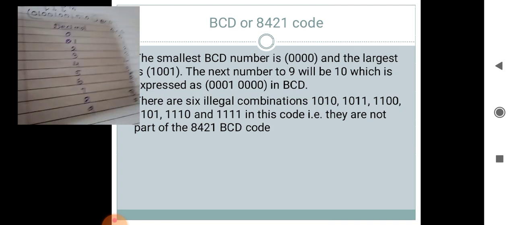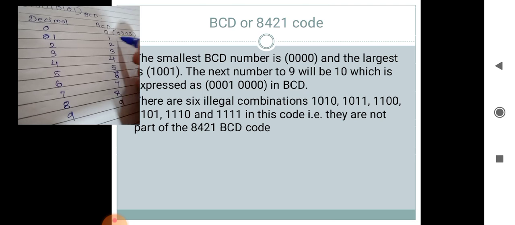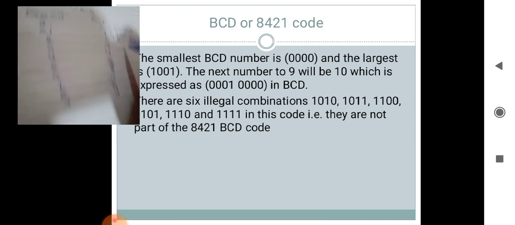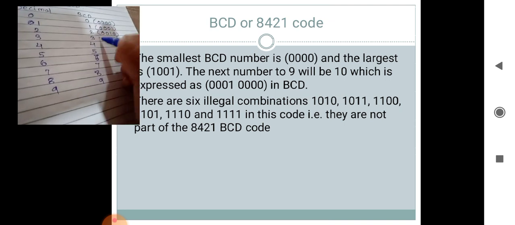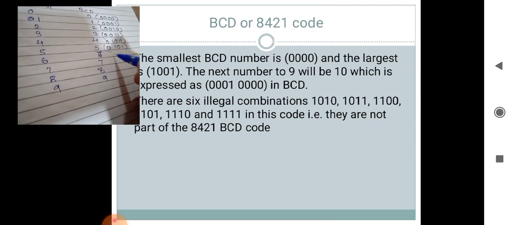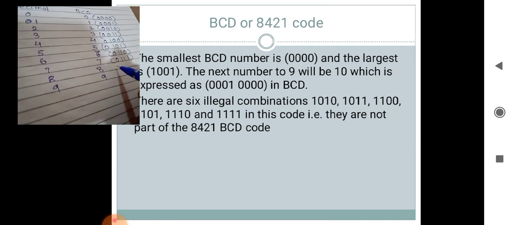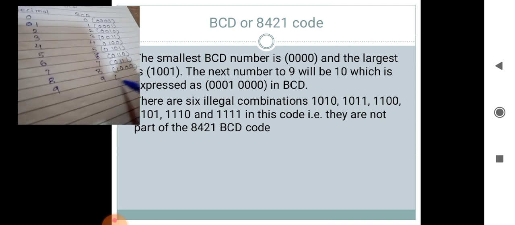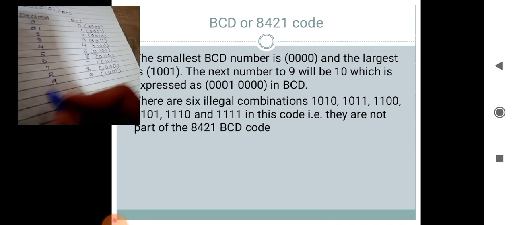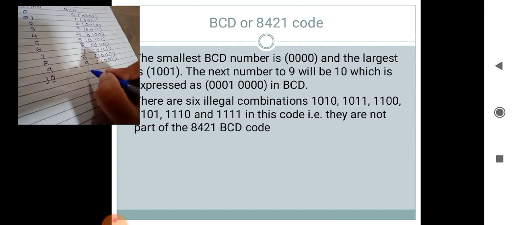For 0 to 9 you have to represent each in 4-bit binary. So these are the 4-bit binary, but after 9 you have to represent each digit in 4 bits.